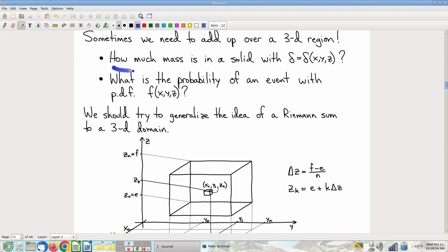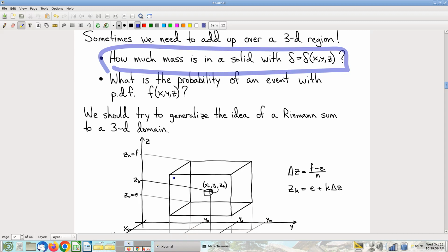So, for example, maybe I've got a three-dimensional region like this, and again, we're going to start with rectangles because they're a little bit easier first go. Got a rectangular box, and it's full of dirt, something, tailings from a mine, perhaps. I don't know.